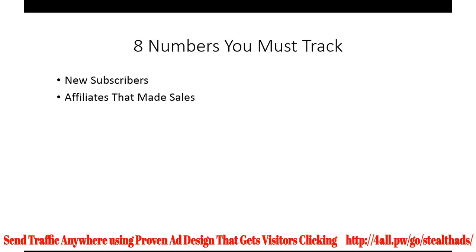Now, that doesn't mean that because a new marketer hasn't made sales for you that you don't talk to them at all. But the people that are making sales for you, you want to build relationships with them and keep track of them so that you know who it is that you are going to, let's say, speak to first. You want to make sure that you're talking to the people when you even think about having a launch. You want to make sure you're reaching out to the people who make sales. So keep track of those affiliates that are making sales for you.